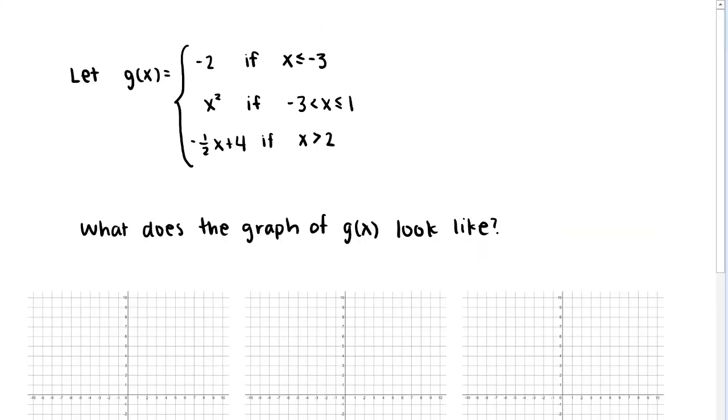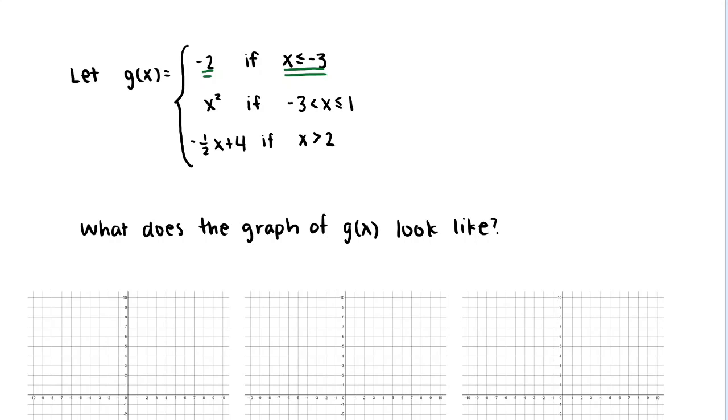Okay, so that's evaluating piecewise functions, but how do we graph piecewise functions? The idea of this piecewise function is that we have 3 different rules for computing the output based on what the input is. And so there are going to be 3 different graphs floating around. To graph this piecewise function, we're going to take the portion of each graph that corresponds to its set of inputs.